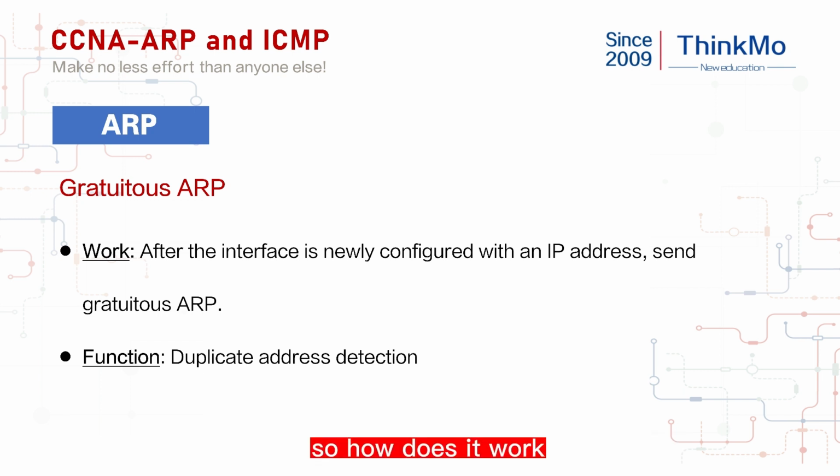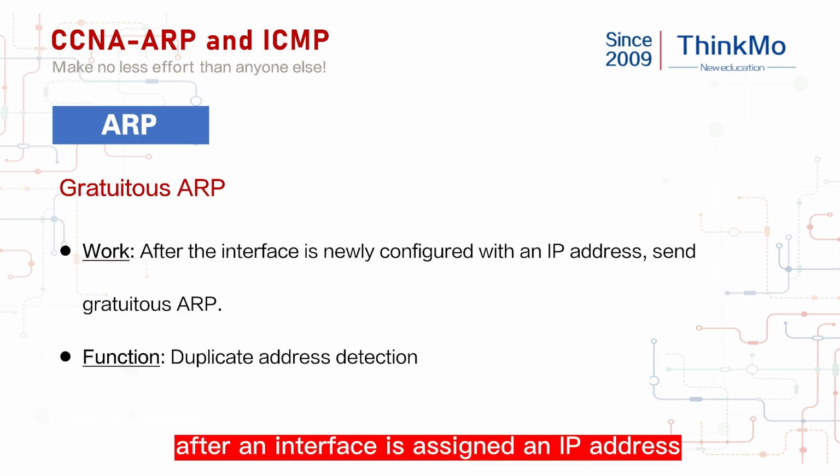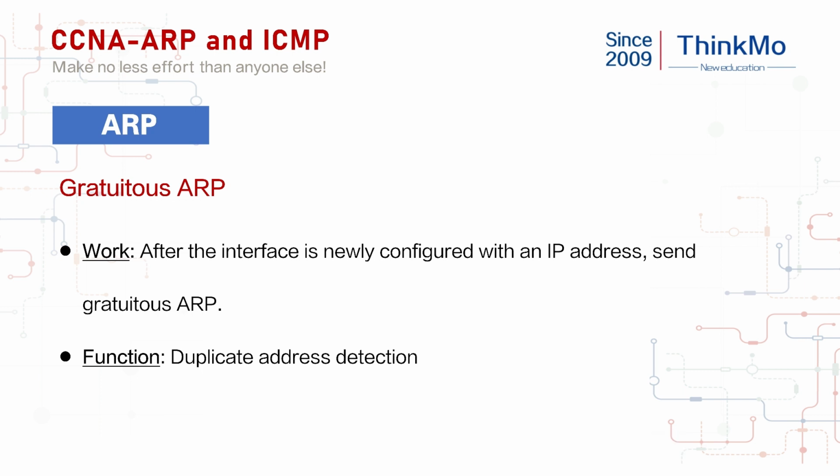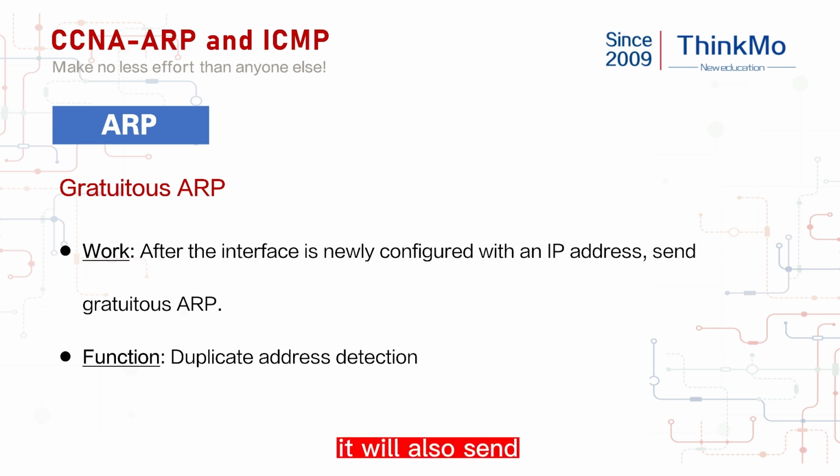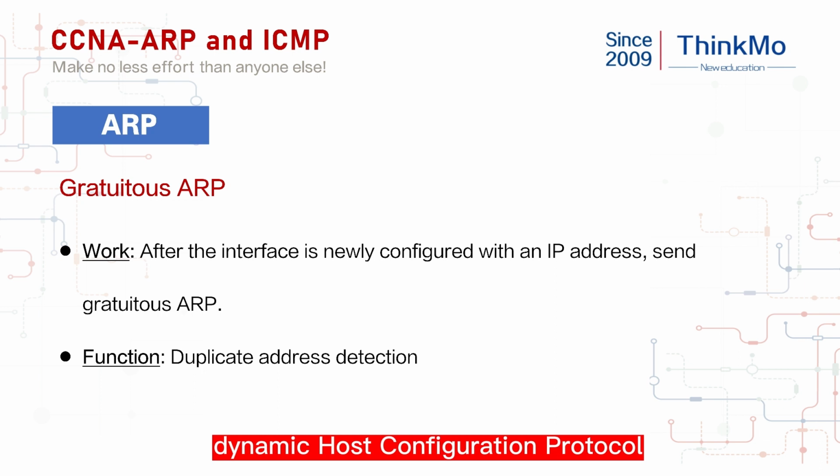So how does it work? After an interface is assigned an IP address, it sends a gratuitous ARP. Whether we configure it manually or it is automatically issued an IP, it will also send. You will learn DHCP later, Dynamic Host Configuration Protocol.